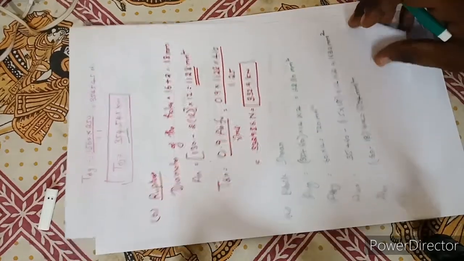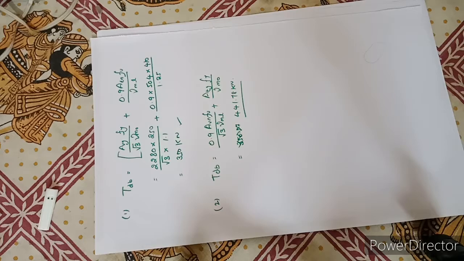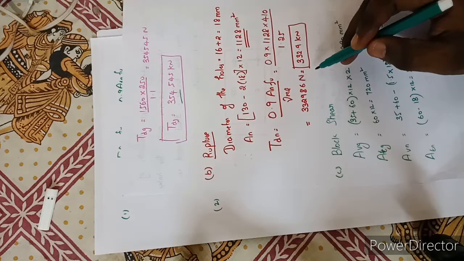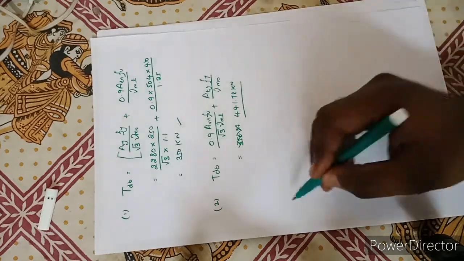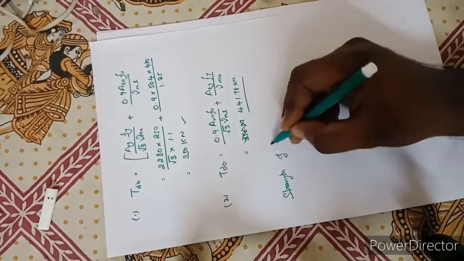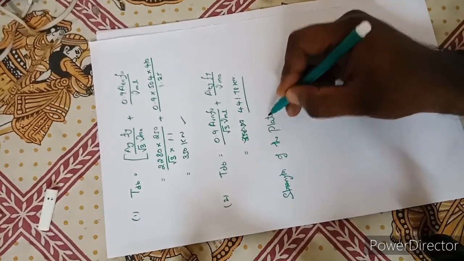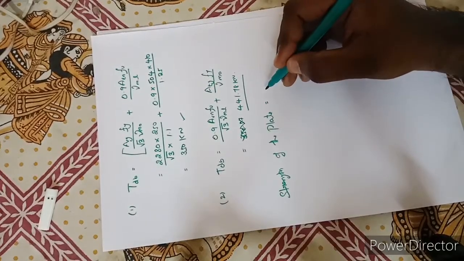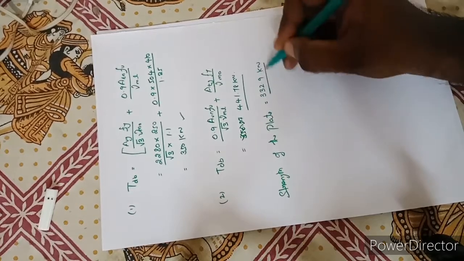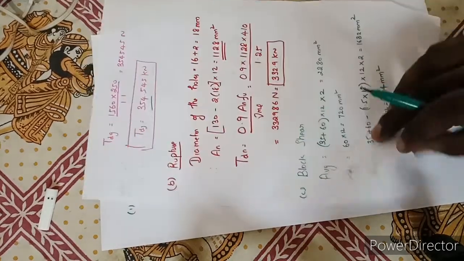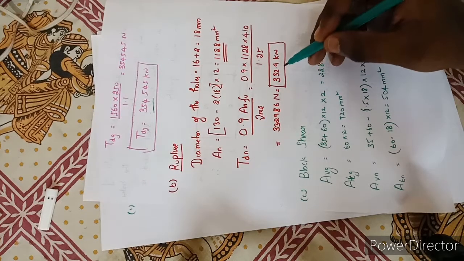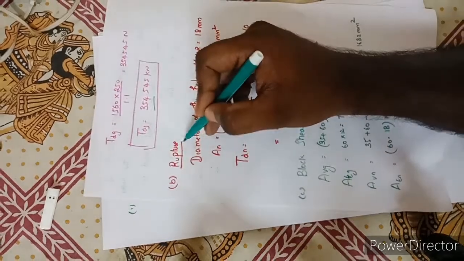So by checking all these, we conclude that rupture has the least value, so the strength of the plate equals 332.9 kilonewton, because the least value we got is 332.9 kilonewton considering rupture.